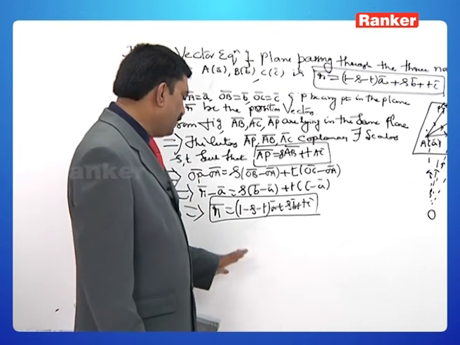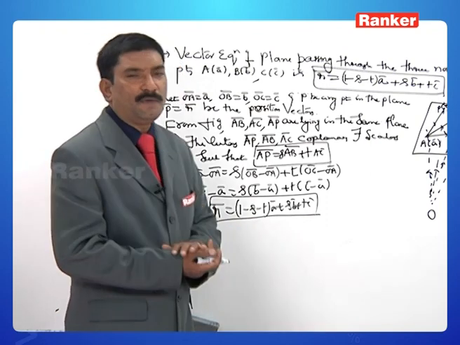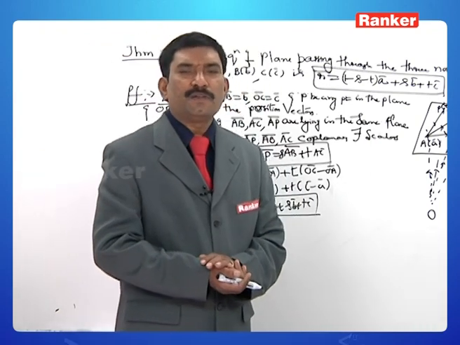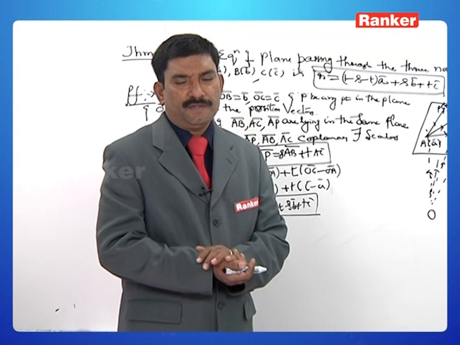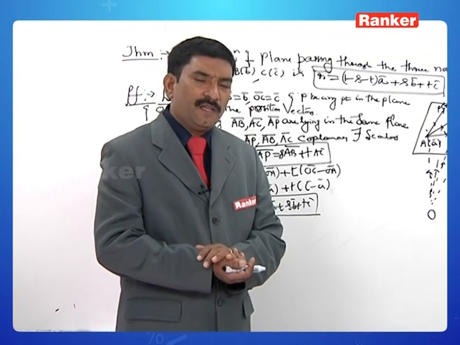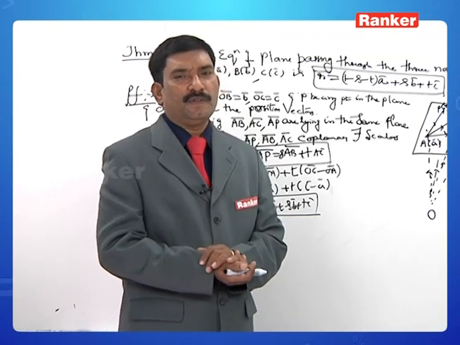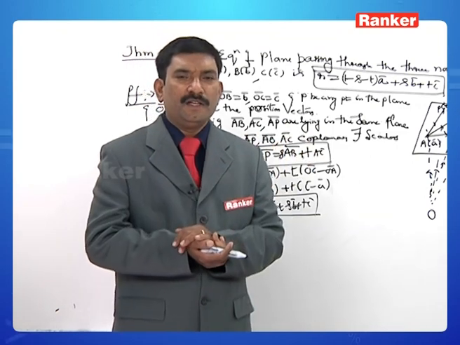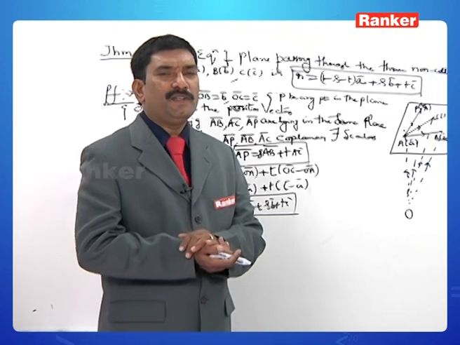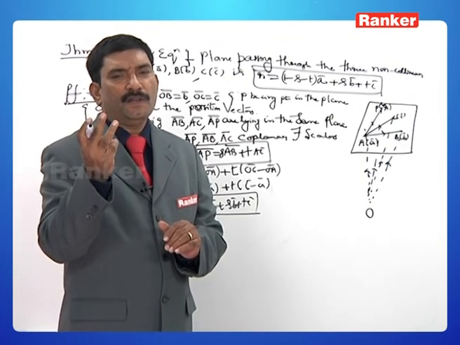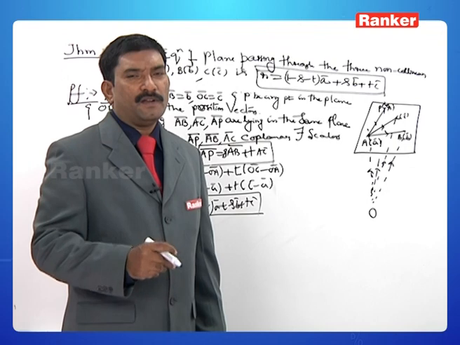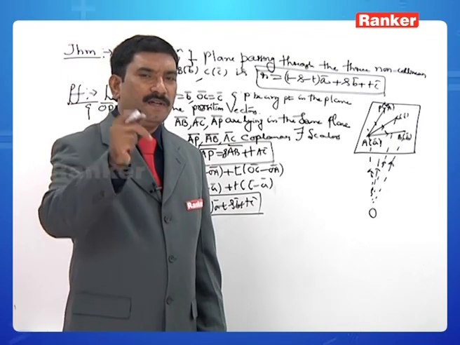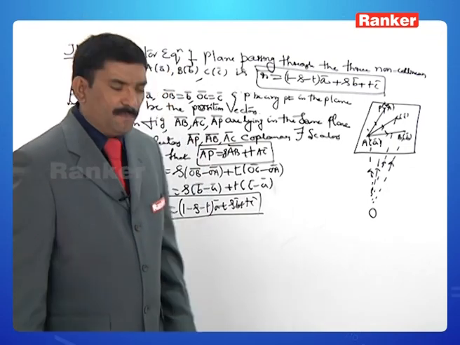So this is the vector equation of a plane passing through 3 non-collinear points. Okay, let us discuss the Cartesian equation of a plane passing through 3 non-collinear points A bar, B bar, C bar.